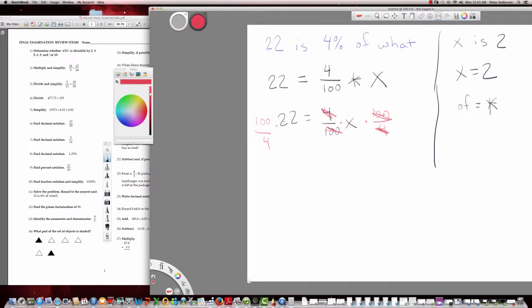So this is going to be 100 over 4 times 22. Again, when you see something like this, it's easier to divide first. 4 and 22 both share 2 in common. So this would be 11, this would be 2. And now look, 100 divided by 2 is 50.